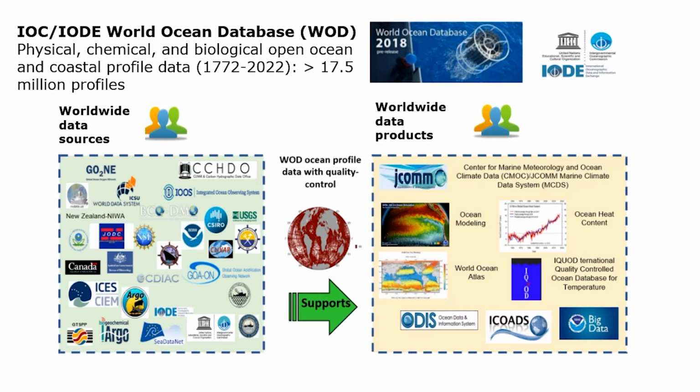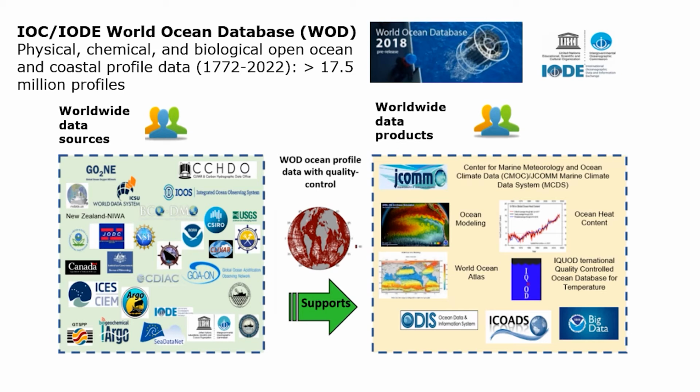We then aggregate the data into a uniform digital format. And in addition, we archive the data in the long-term archive as part of NOAA and National Center for Environmental Information. And the user can then access the original data as they were received and/or get access to the data through the World Ocean Database.